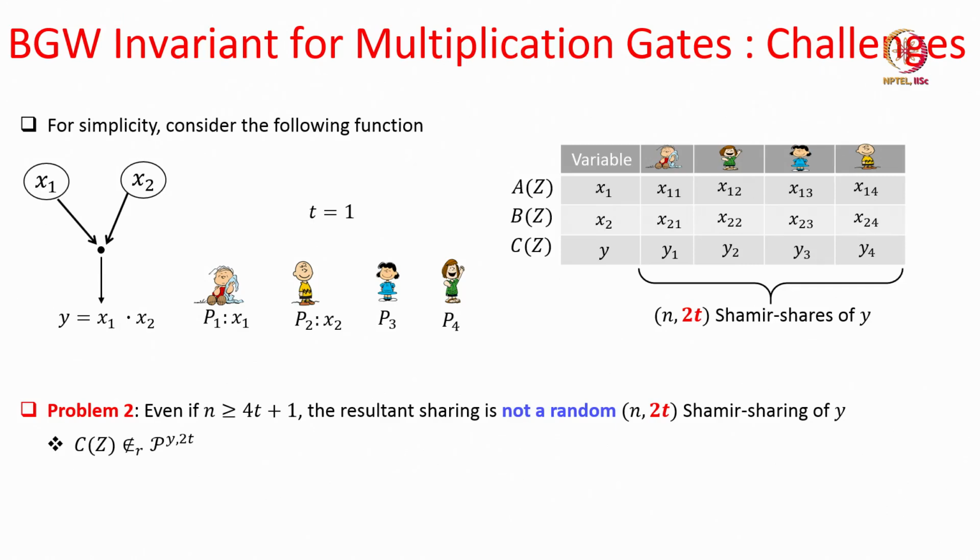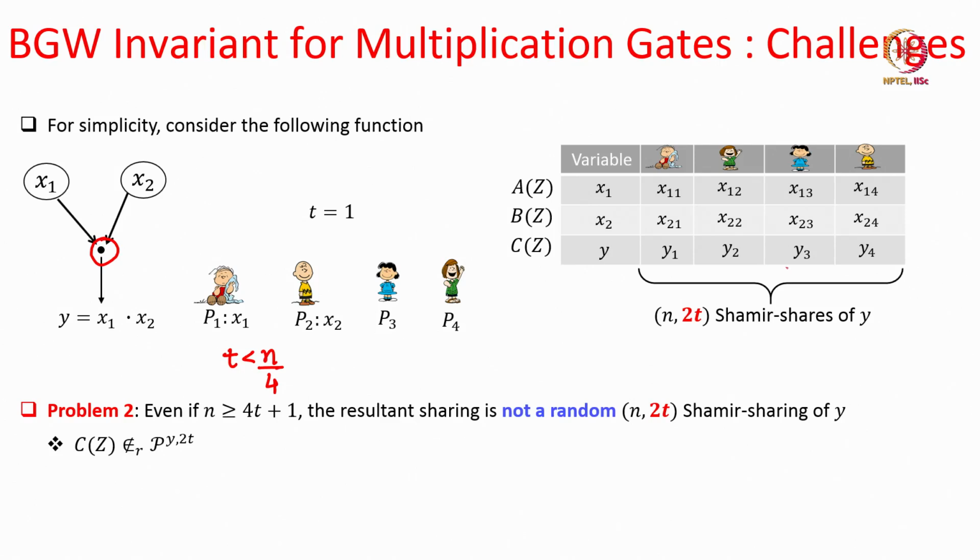Now, the second problem is a more serious problem, and it is related to privacy. For the moment imagine that we are working in a setting where t is less than n over 4. We are taking still the same function, namely a function where we will have just one multiplication gate. Now our proposed protocol should work.